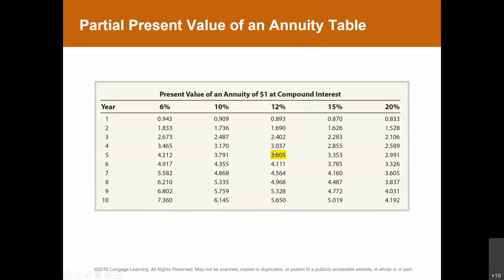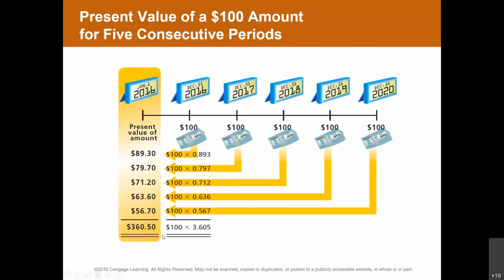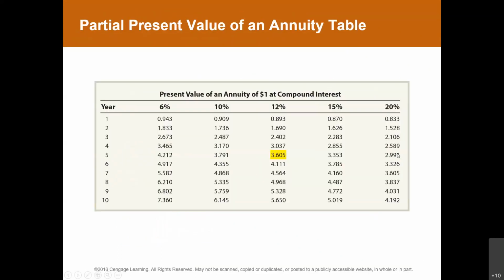So going back to that slide, 3.605 for every dollar invested. So 3.605 times $100 that we would want for every single year tells us that we need to have $360.50 invested today in order to yield that $100 return for each year thereafter, 5 years.